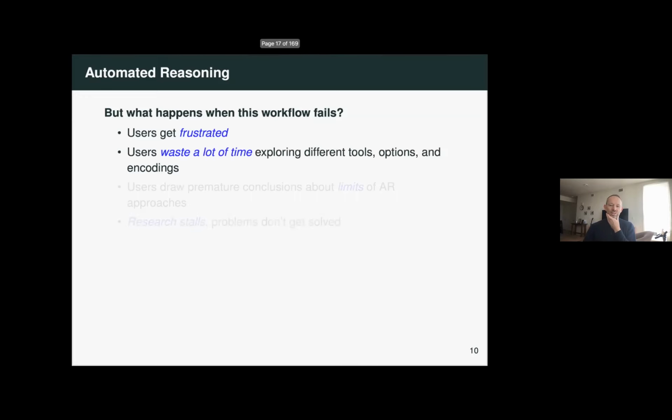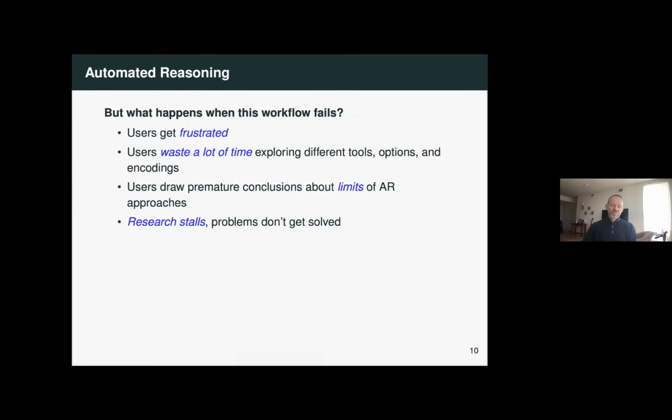And what I've observed is they then end up spending a lot of time, well, maybe they'll try some different tools, they'll try fiddling with the options, they try lots of encodings, and even end up writing multiple papers about how they worked around the shortcomings of the automated reasoning tool. And one of the more unfortunate consequences is that I think they can draw some incorrect or premature conclusions about the limits of automated reasoning. And so this leads to a stall in the research progress, problems don't get solved.